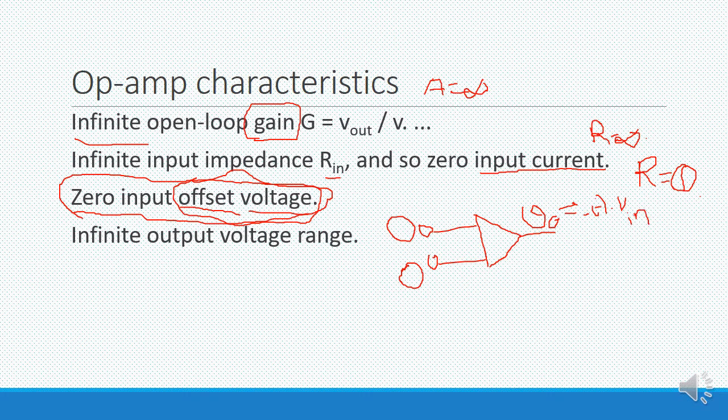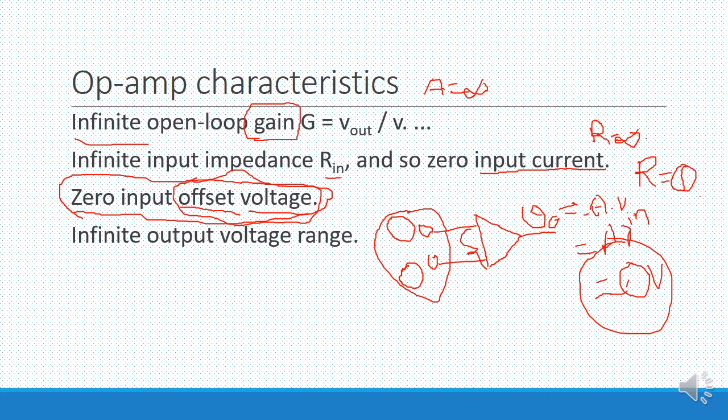The input voltage is the difference of these two, 0 minus 0 is 0, and A into 0 is 0. You should get 0 volts. When the input voltages are 0, you should get output voltage 0. But practically it is not possible.